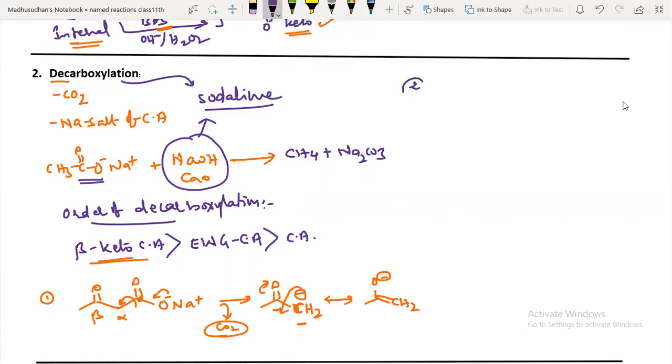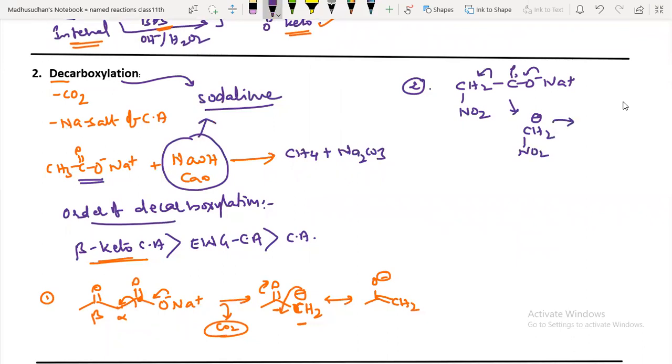The second one given is electron withdrawing group containing. Suppose I have a compound like this, NO2, and C double bond O minus Na plus. On removal of carbon dioxide, what am I going to get? CH2 minus and NO2.